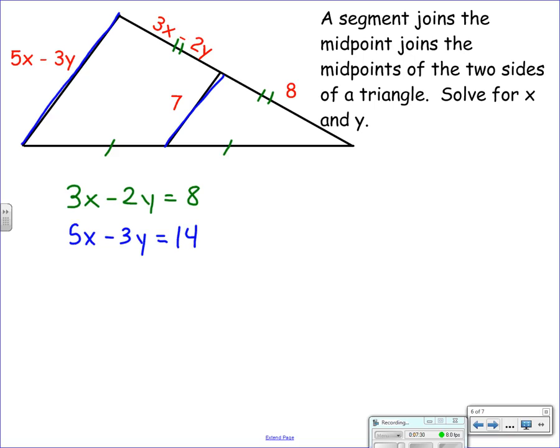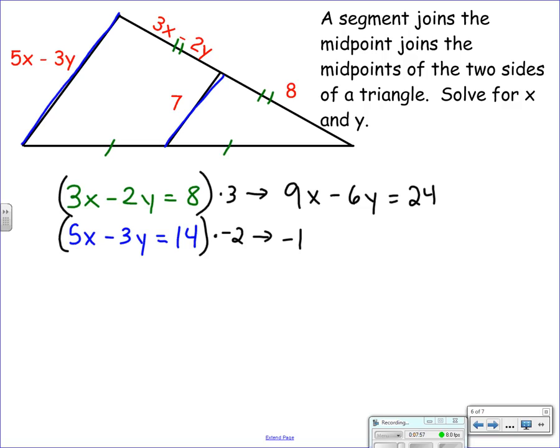System of equations. It looks like elimination is going to be our best bet. I'm going to multiply that whole equation by 3 to get 9x minus 6y equal to 24. I need my coefficients to be the same value but opposite sign, so I'm going to multiply the other by -2.